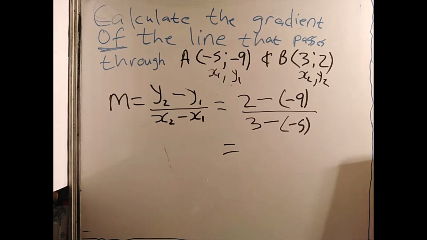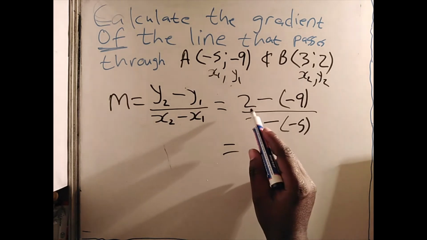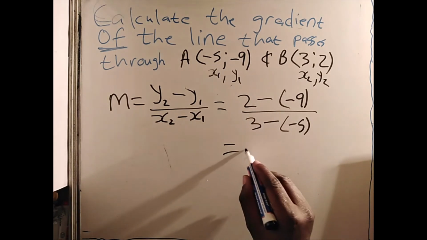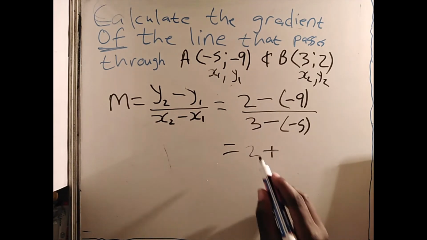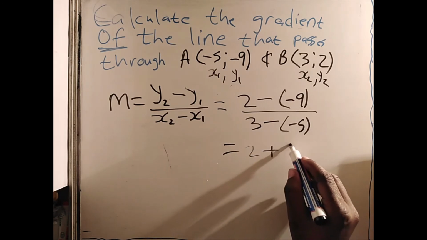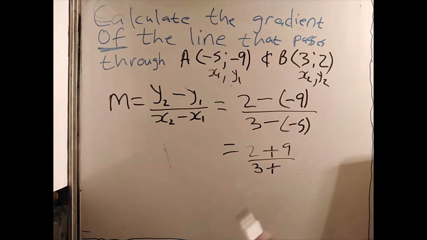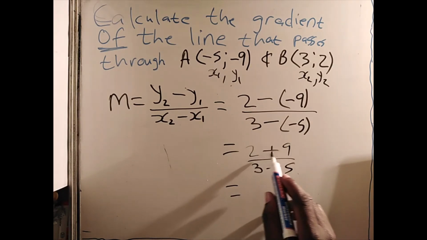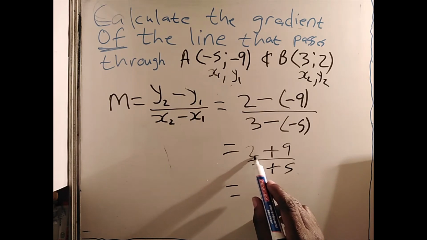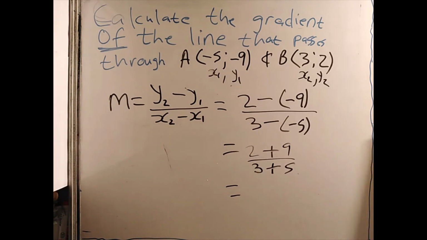Okay, but if we just want to do it manually, we can say 2 plus, because minus is plus, you remember that, 2 plus 9, and then divided by 3 plus 5. 2 plus 9, what are you going to get?